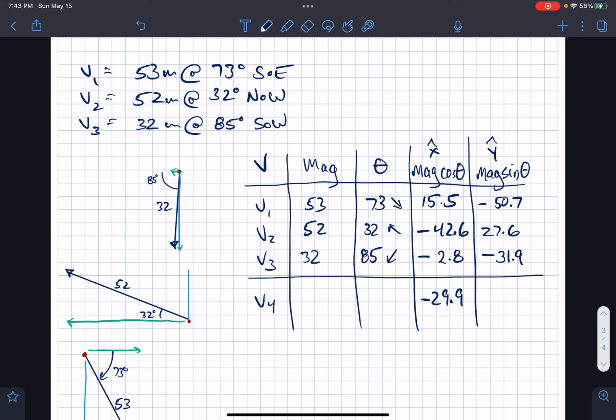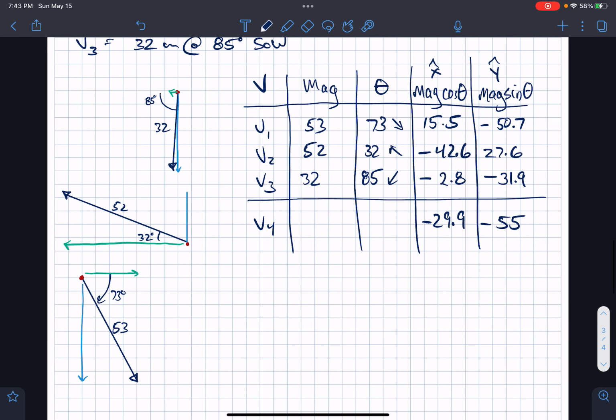What about in the y direction? We've got negative 50.7 plus 27.6 minus 31.9, negative 55.